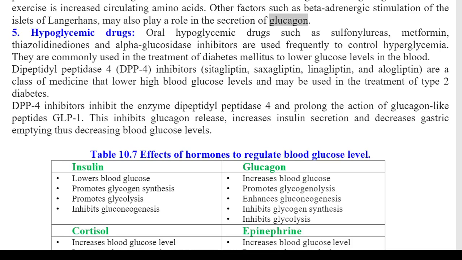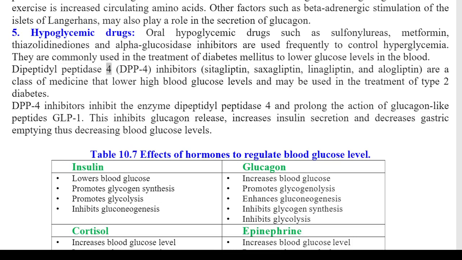5. Hypoglycemic drugs. Oral hypoglycemic drugs such as sulfonylureas, metformin, thiazolidinediones and alpha-glucosidase inhibitors are used frequently to control hyperglycemia. They are commonly used in the treatment of diabetes mellitus to lower glucose levels in the blood.